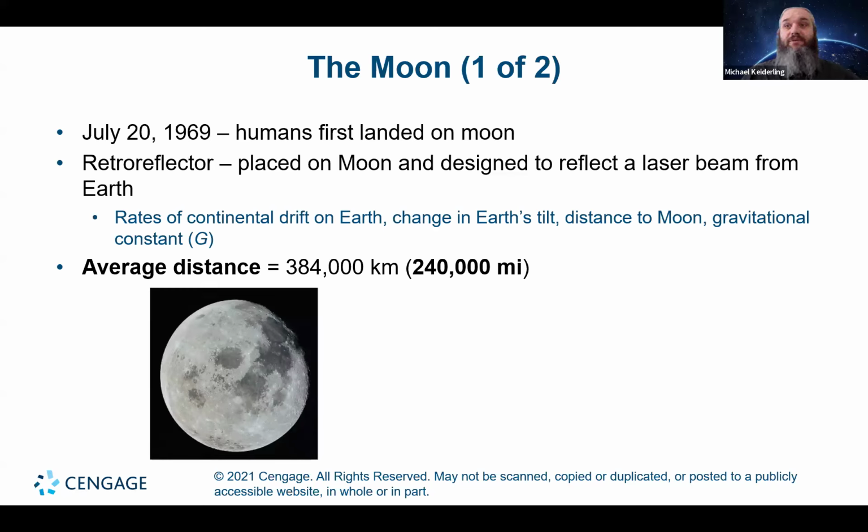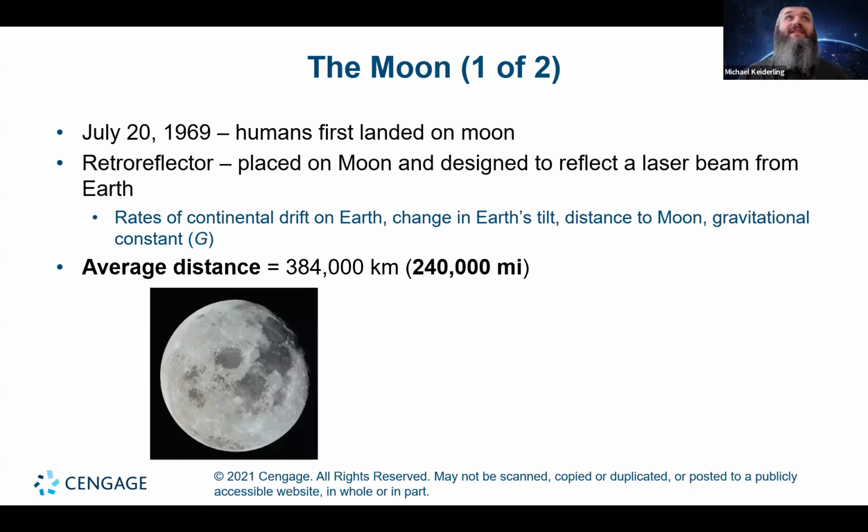One of the nice things that was put on the moon by one of the later missions was a retroreflector, which is basically the corners of a cube, a bunch of corners of a cube lined with mirrors, and they reflect. They're designed so that if you shine light on them, they reflect light back in the exact direction it came from.